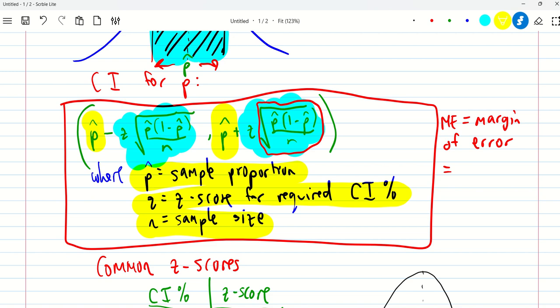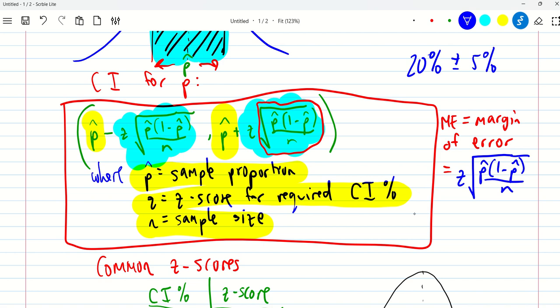That bit in blue, how far it goes up and how far it goes back from the P hat, is the margin of error. If you're ever asked to calculate the margin of error, it's equal to Z times the square root of P hat times 1 minus P hat over N. You know how they say the percentage of buses that are late is 20% plus or minus 5%?